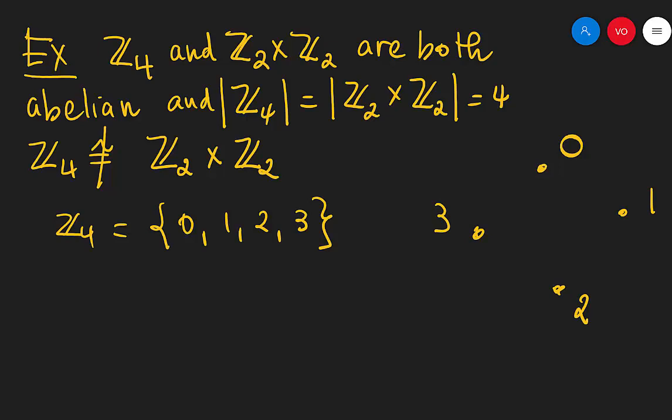Let us look at the generator, which is 1. If you start with 1, 1 plus 1 is 2, 2 plus 1 is 3, 3 plus 1 is 4, which is 0, 0 plus 1 is 1, and this is essentially everything. So clearly we already knew that Z4 is cyclic and is generated by 1.